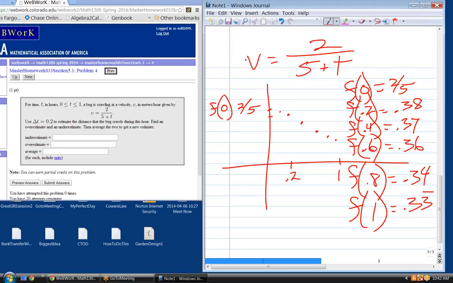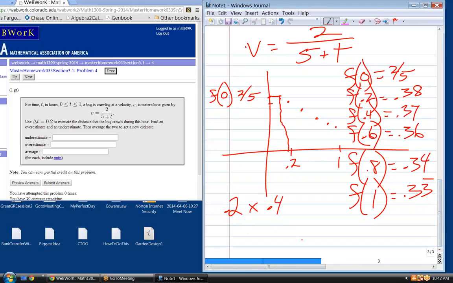So for the left-hand end method, what is my sum going to be? Well, what's the first rectangle going to be? It'd be 0.2 times 2/5. Yeah, let's call that 0.2 times 0.4. Okay.